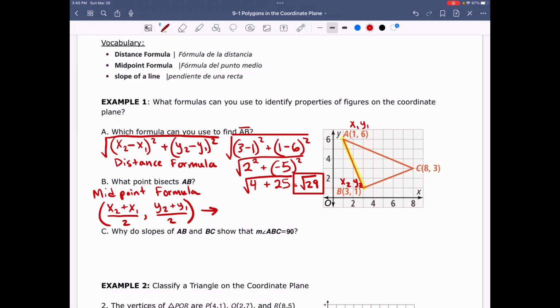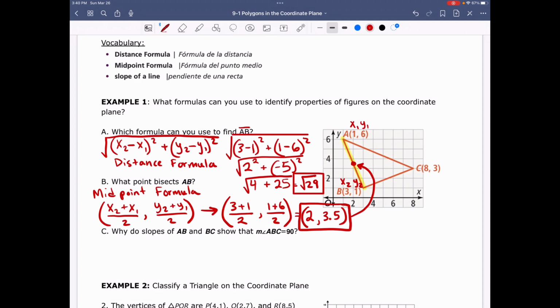So x2 is 3, and x1 is 1, divided by 2, and the y's are 1 plus 6, divided by 2. Simplify that, and it's 4 over 2, which reduces to just 2. 1 plus 6 is 7. 7 divided by 2 is 3.5. When we graph that on our coordinate plane, we go over 2, up 3.5. So that point is right there, and the midpoint bisects the line. That's the definition of midpoint.